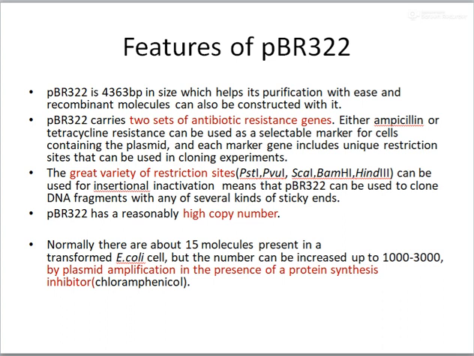A plasmid is something extrachromosomal. That is, the bacteria can survive in a medium even if it doesn't have a plasmid. So the bacteria will always try to get rid of the plasmid while it is continuing its life cycle.